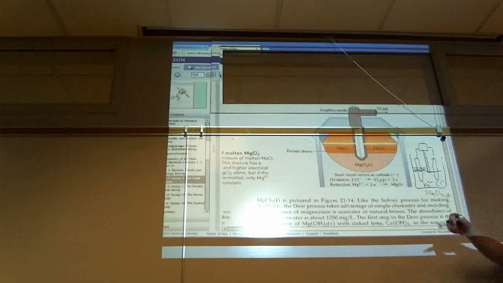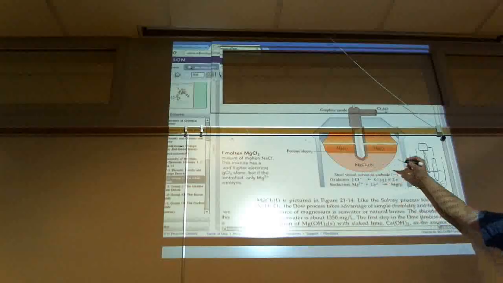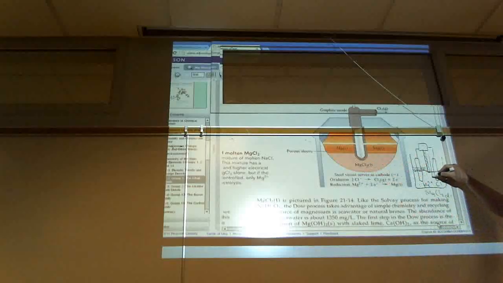Why is it liquid and not solid? Because magnesium has a very low melting point, and magnesium chloride has a much higher melting point, so it's going to be molten. And then you notice, if you look at this electrode, it's encased. They put this electrode with a container around it.